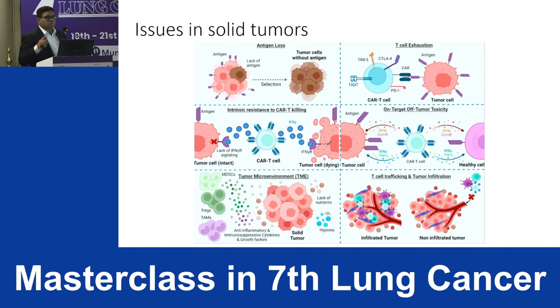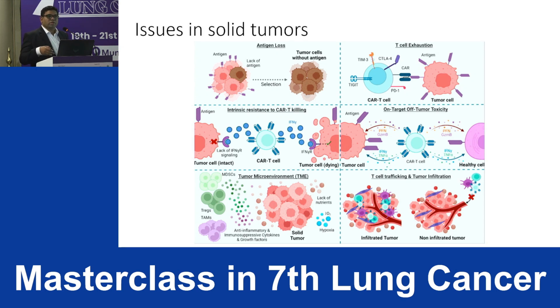Now what are the issues when you use CAR T in solid tumors? We'll start from this diagram below. For the CAR T to come up to the solid tumor, you need to have good angiogenesis inside the tumor. So if the tumor has a large amount of fibrosis or the collagen is very high, your CAR T is not going to reach the tumor.